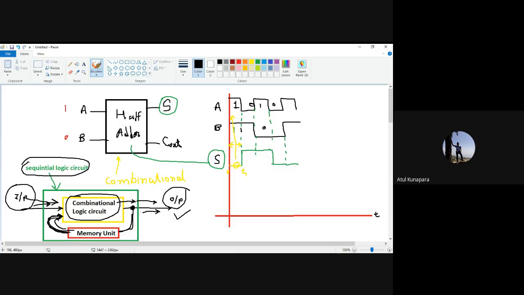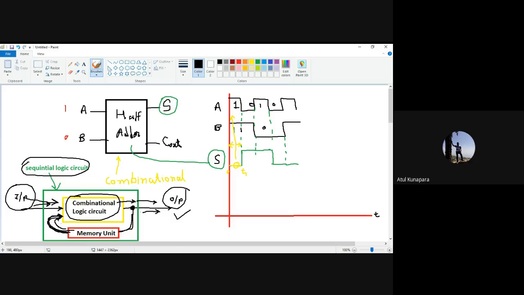So now I have given you a brief about the difference between the combinational circuit and the sequential logic circuit. Before that, we discussed different types of logic gates, that is AND, OR, NOT, NAND, NOR, exclusive NOR, right? These are all various logic gates.